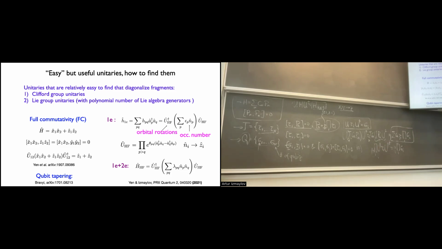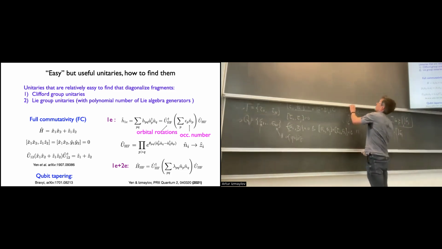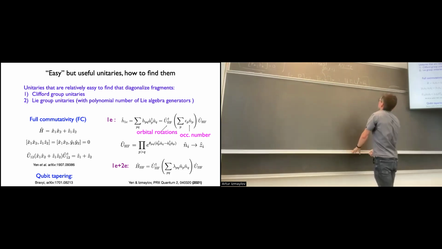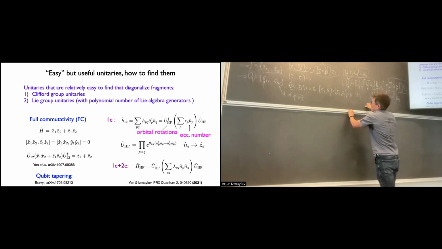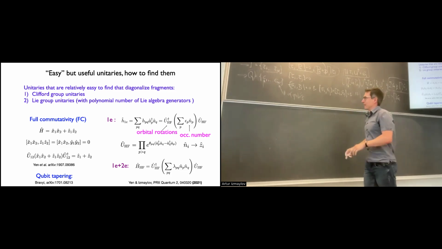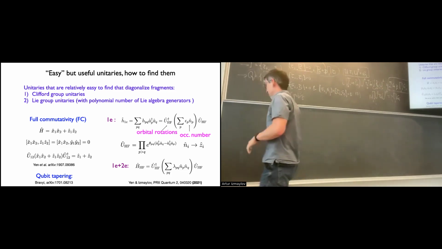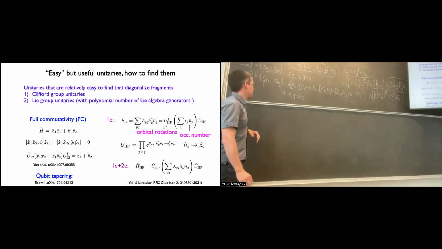Now, how do I construct this U, knowing taus and sigmas? So far this is a purely algebraic exercise, because I didn't really go much into how I'm going to get the taus and sigmas.